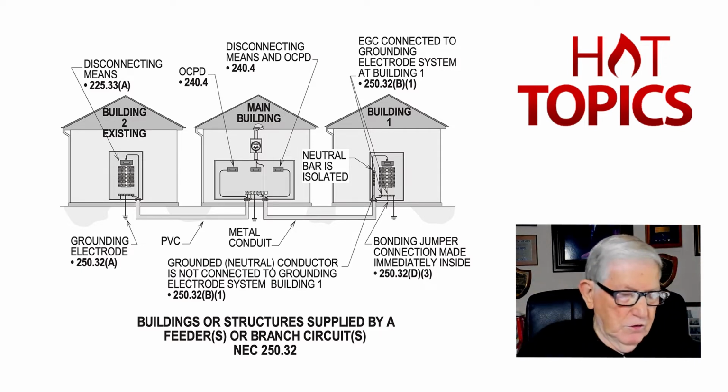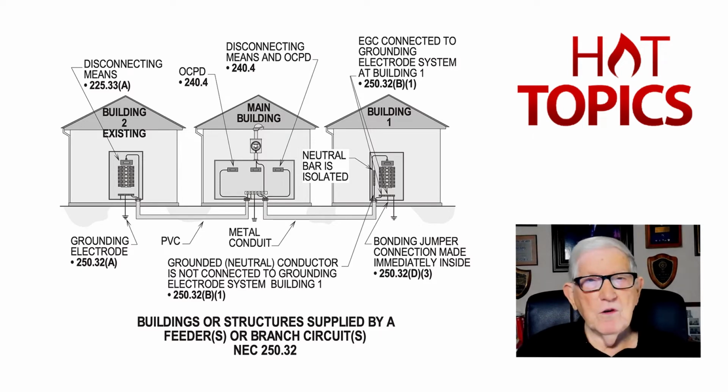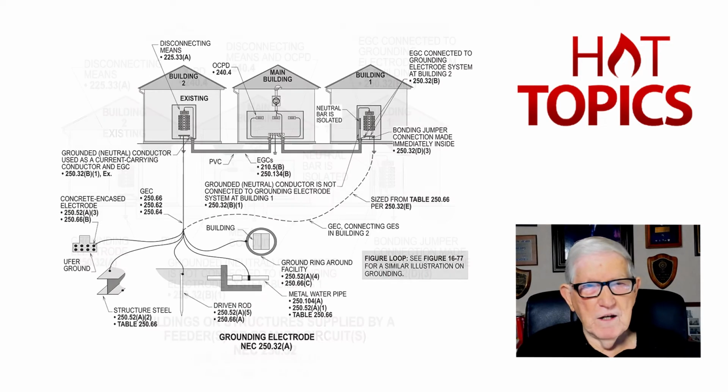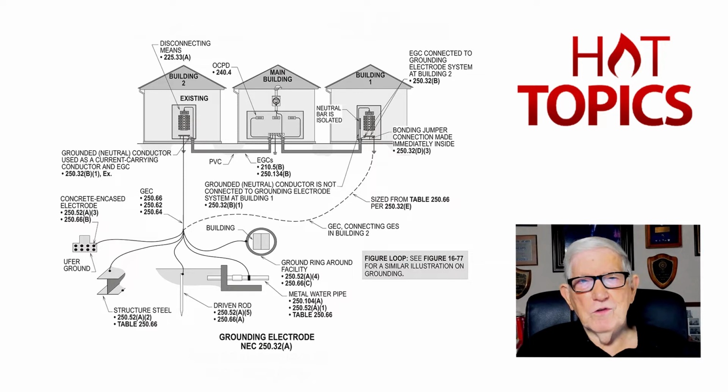Now, what they did next, and if you don't mind, I'm going to move these code books out of the way, the 2002 code revised 250.32, and they said, well, now, if you wanted to, for example, in the illustration that you see here, this is our second illustration, notice that grounded conductor pulled from the main building to building 2 is used as an equipment ground, a neutral, and a bonding conductor, and it's connected into an electrode system, as you see here, from 250.50, 250.52, and 250.53.